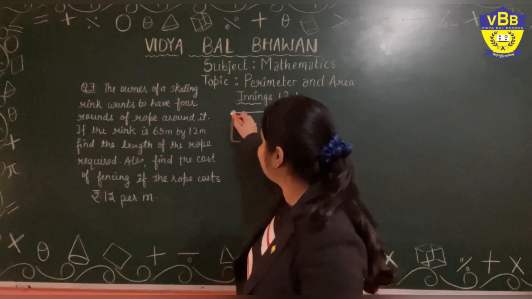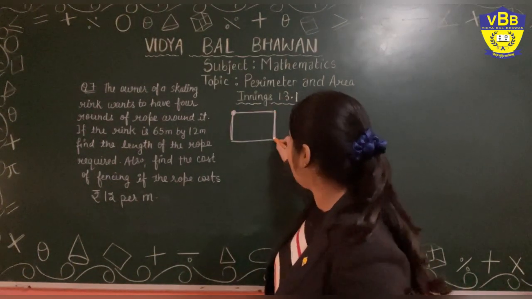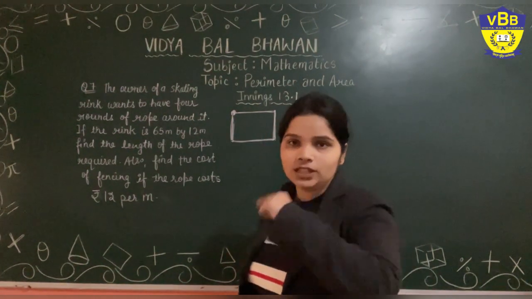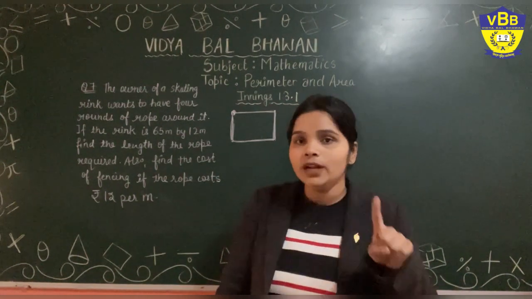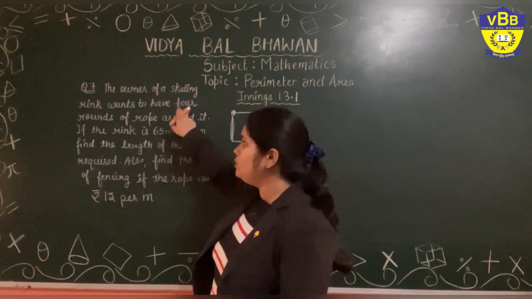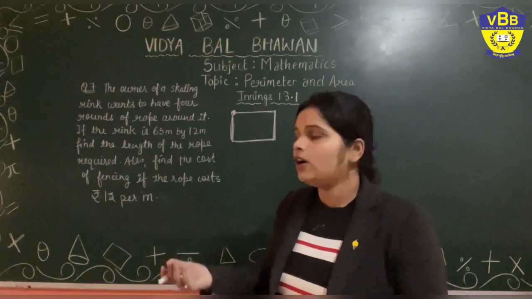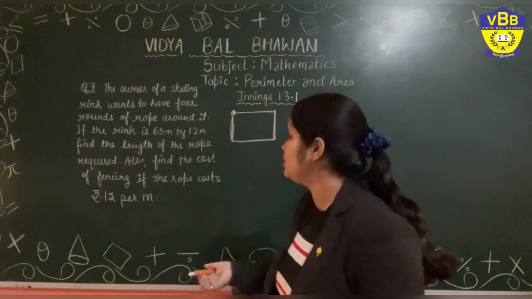If I start from here, laying rope this way, then this and here, that is 1 perimeter of the skating rink, and it will be equal to the length of rope required for 1 round. If I want to do 4 rounds, I will multiply the perimeter with 4, or I can add the perimeter 4 times.